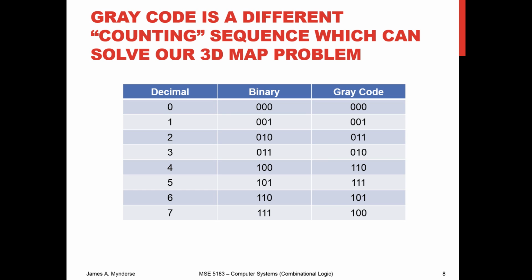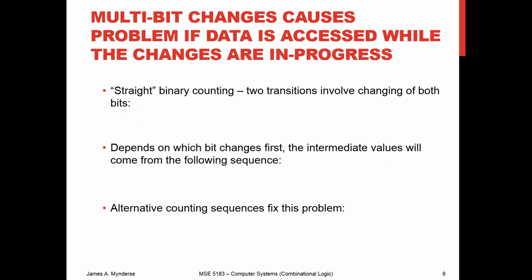What's fantastic about gray code? Well, it's going to fix this problem, and it's going to fix another problem that you may not have thought about yet, and will be interesting in our discussion about actual implementation of these things. You see, when we've got multiple things going on in a system that we've implemented, either in a computer or in analog ICs, there's this problem that if we want to read the data while things are changing, and we use straight binary counting, it's possible to read the wrong intermediate value.